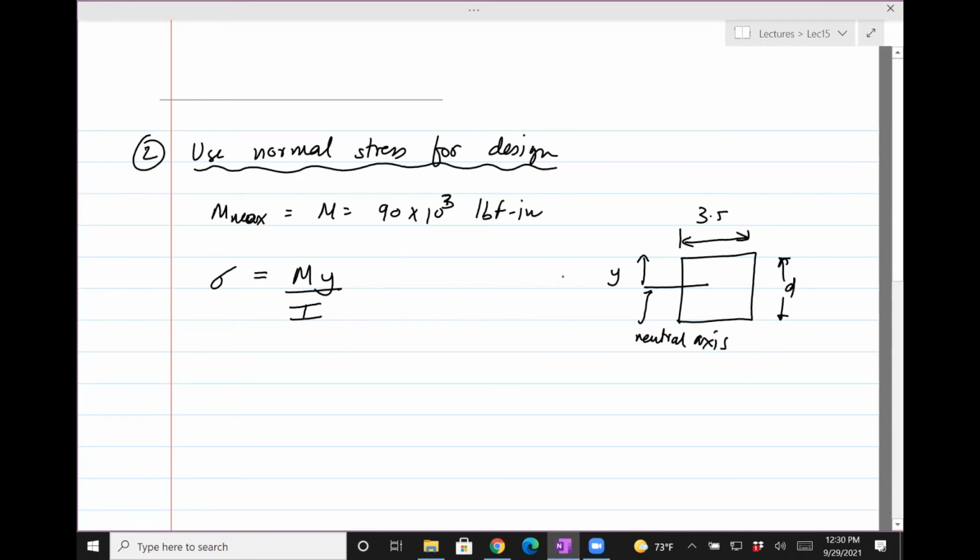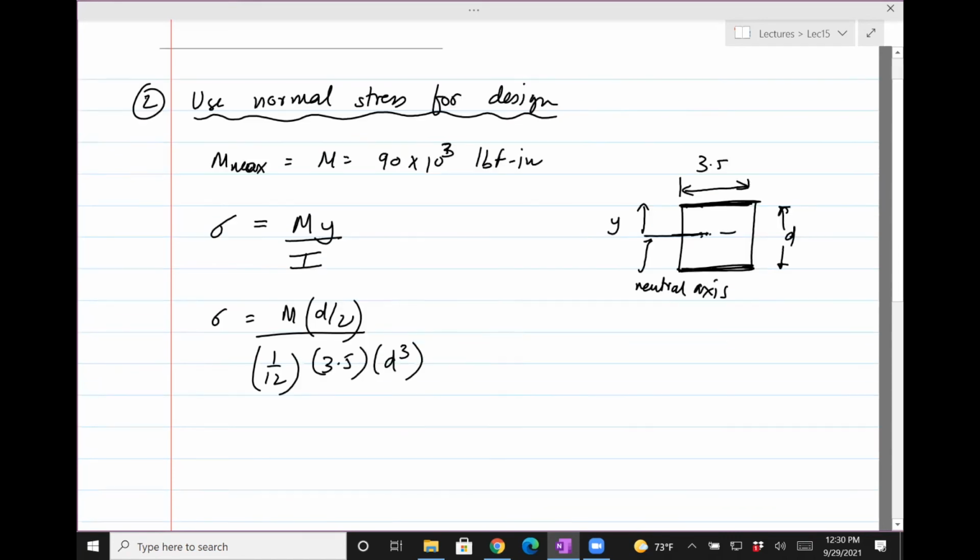Okay, so if you want to figure out where it fails, it would fail at the topmost surface, because the normal stress is 0 at the neutral axis, since when you put y equals 0 it's 0, and then it achieves maximum at the extreme value. So sigma equals M y over I. For y, I'll put D divided by 2, and the inertia is 1/12 times 3.5 times D cubed.